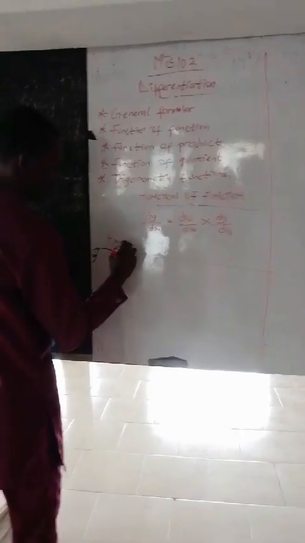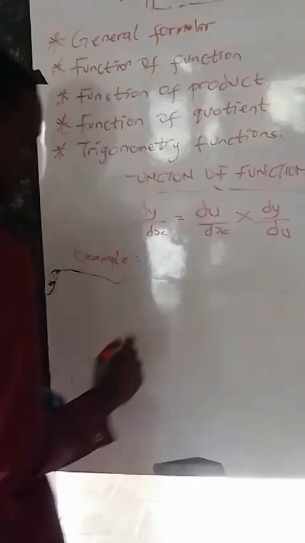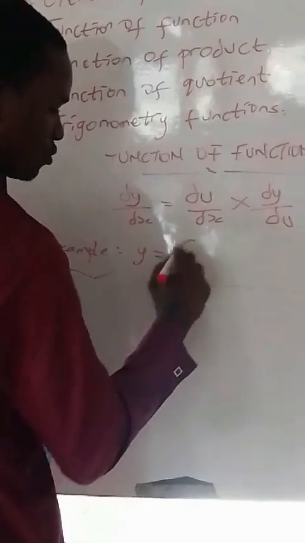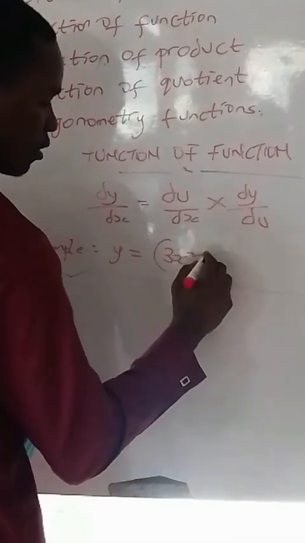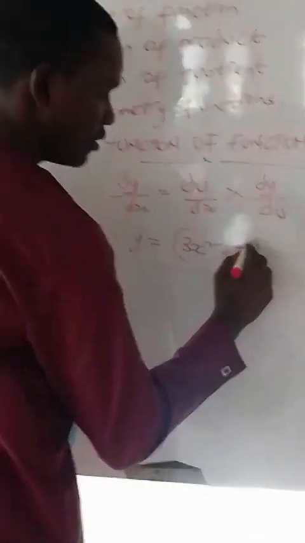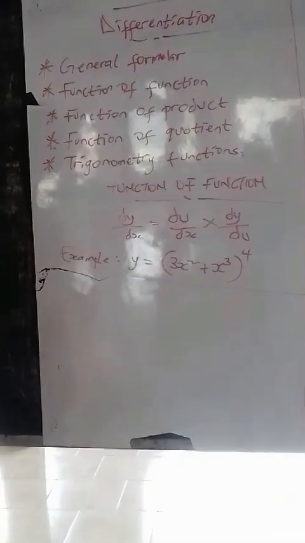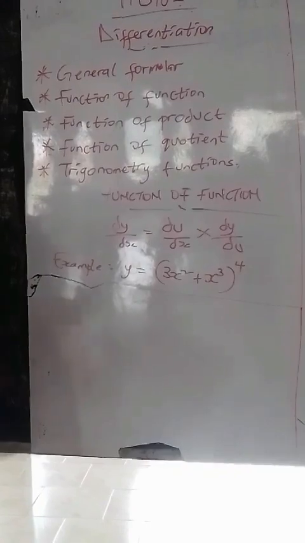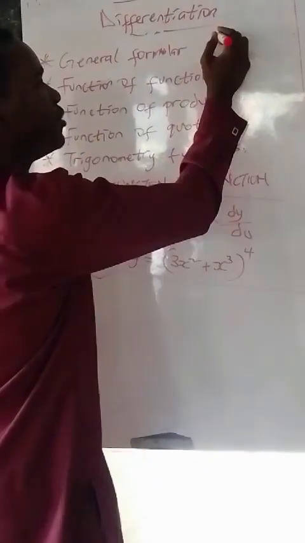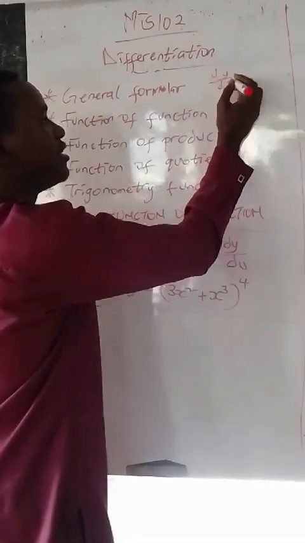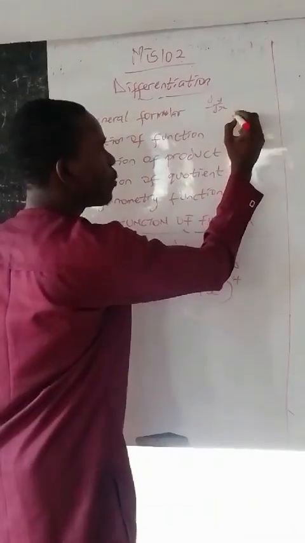Let's take an example. An example says, if y equals 3x squared plus x raised to power 3, all raised to power 4, differentiate this. Now take note, you can be asked to find the dy over dx. It's still the same thing as finding y prime.